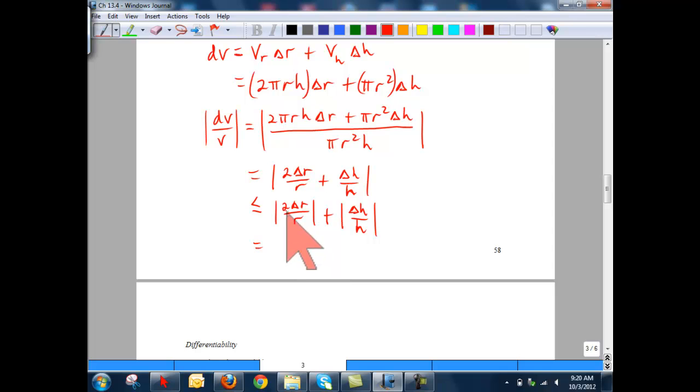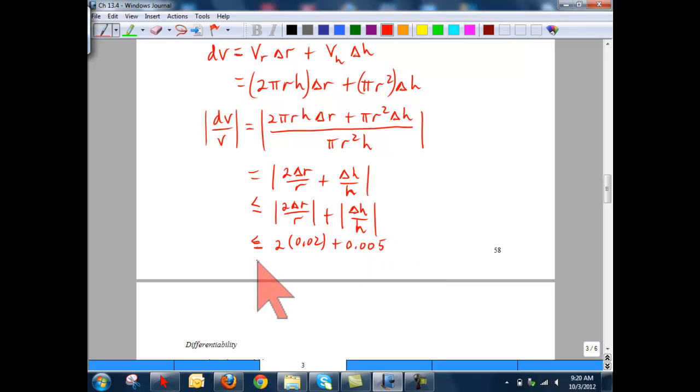And now if I work out what this is, the 2 can come out of the absolute value, and delta r over r was less than or equal to 0.02, and delta h over h was less than or equal to 0.005.